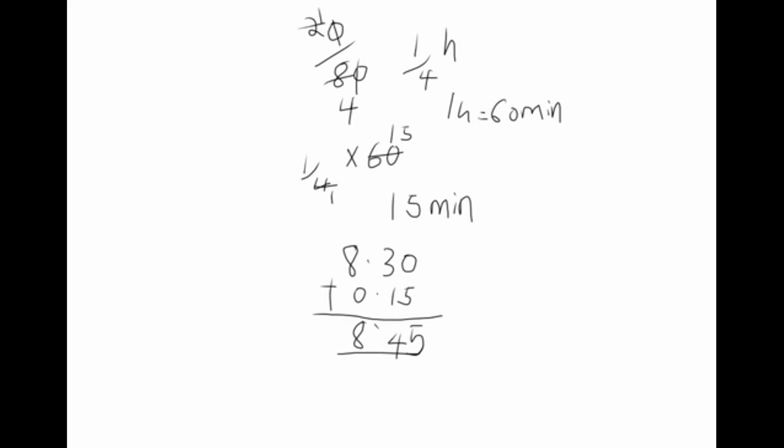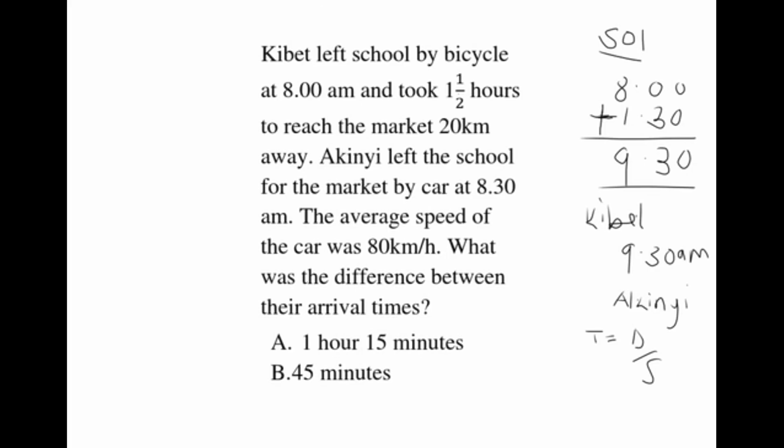So he arrived at 8:45. Then the question asks us, what was the difference between their arrival times? Arrival time for Kibet 9:30 a.m. minus arrival time for Akinyi 8:45.